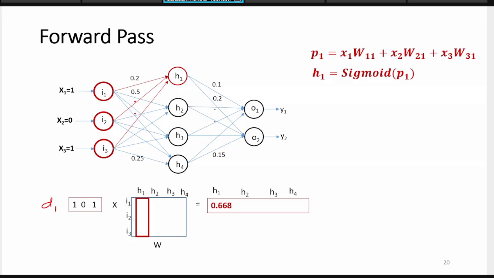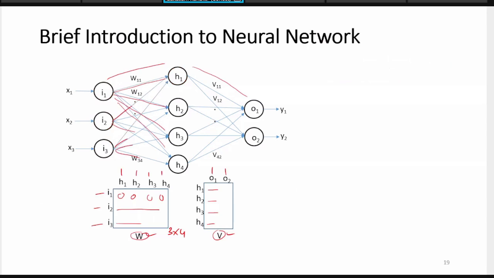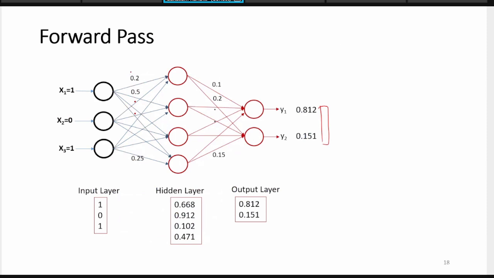And when I go from the input layer to the hidden layer, I'm assuming that I already have some initial values in the matrices W and V.